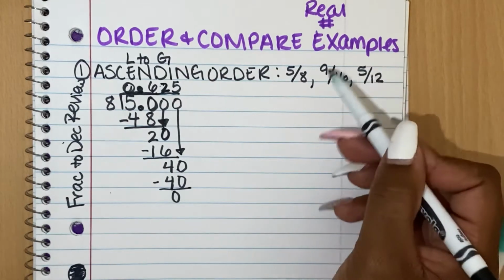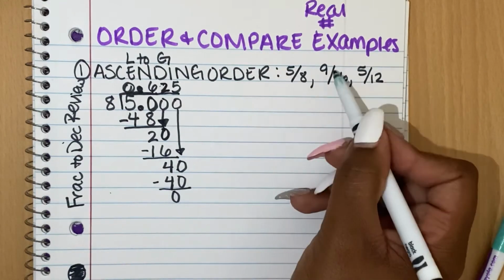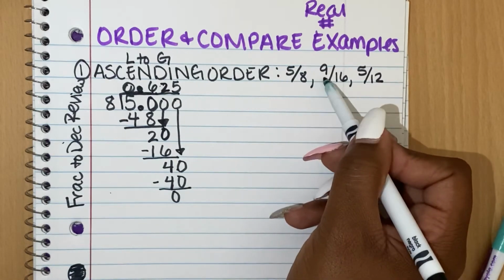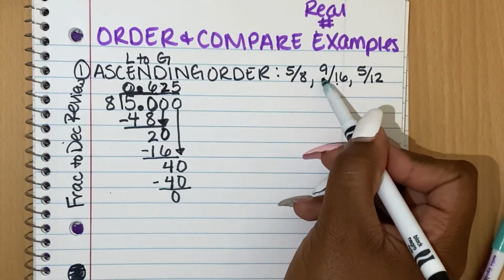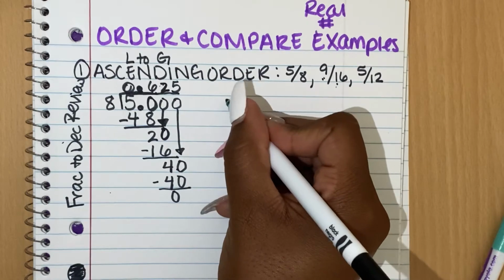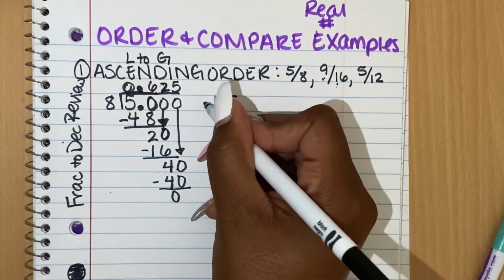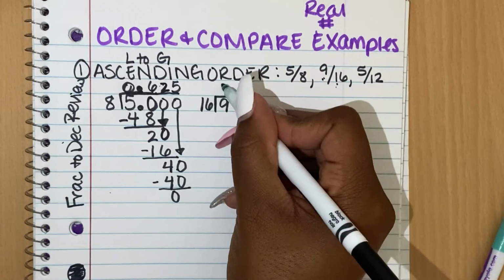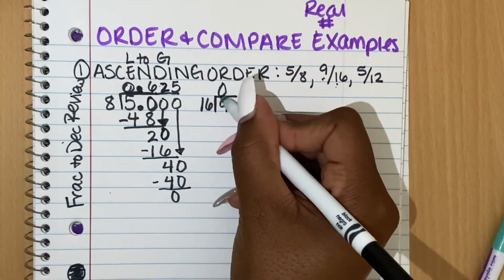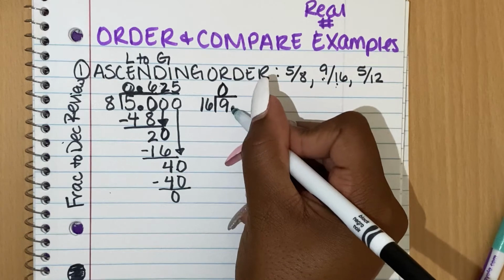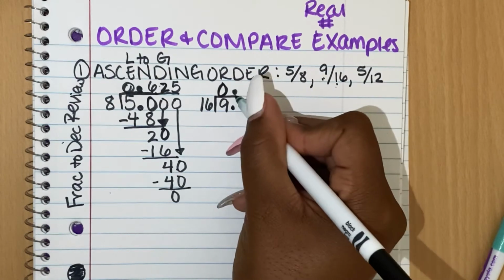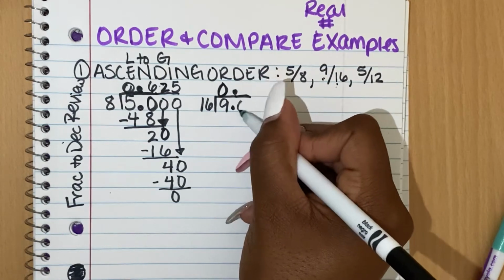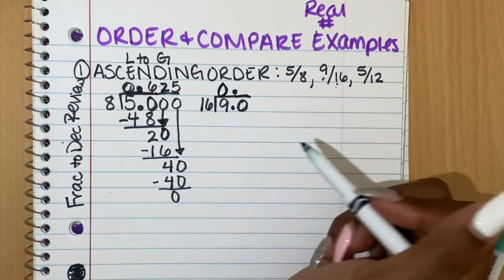Okay? Let's do the next one. 9/16. Top in, bottom out, numerator in, denominator out. How many times can 16 go into 9? Newsflash, it can't. Put a 0 on top. Add your decimal on top and in the house. Put a 0 in the house.